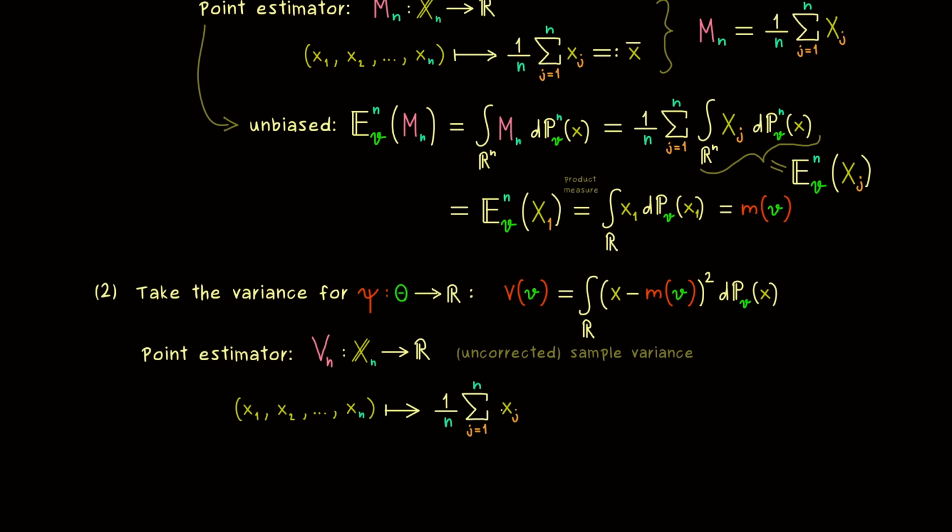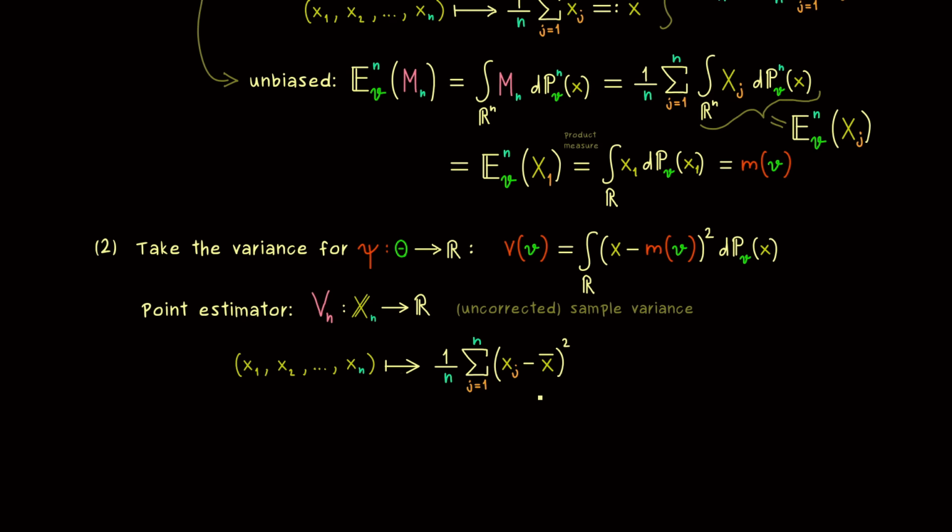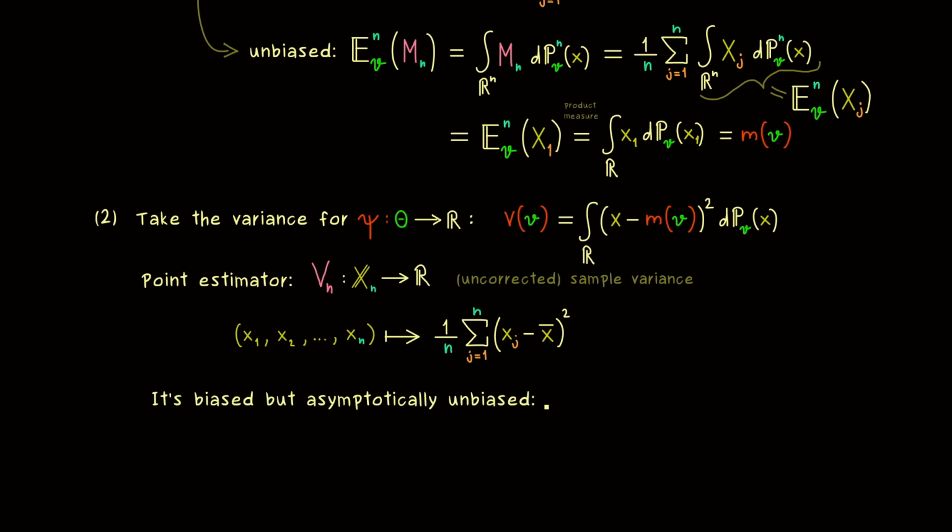So you take 1 over n times the sum of xj minus the sample mean, and obviously in the variance, everything here is squared. So now this is called the uncorrected sample variance because, as we will see now, it's a biased point estimator. However, this is not a big problem because on the one hand we can simply correct this bias, and on the other hand it's still asymptotically unbiased.